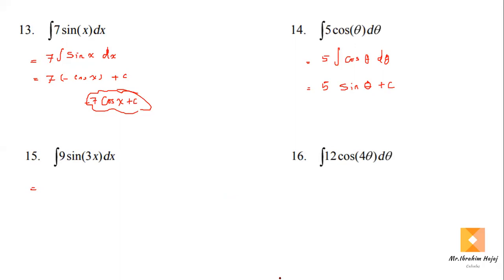Question 15. Yes. Can I answer? Yes, Majd. In this question, it's the same as question number 13, but the difference is we have 3 as a coefficient of x.